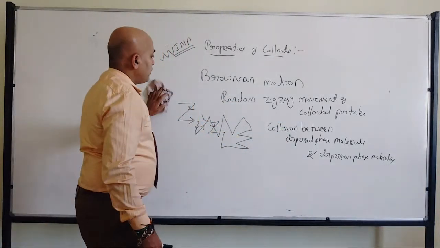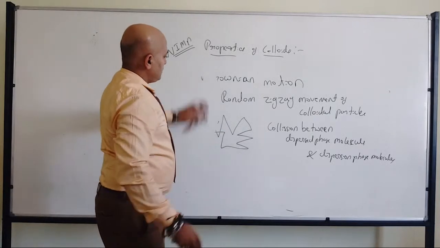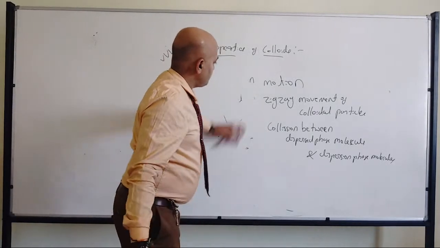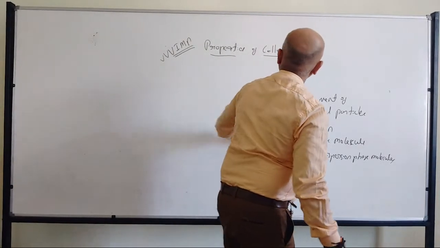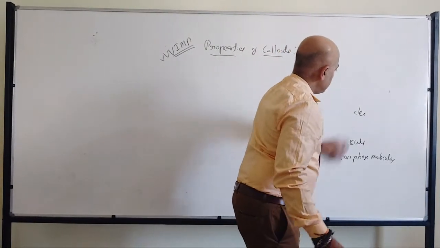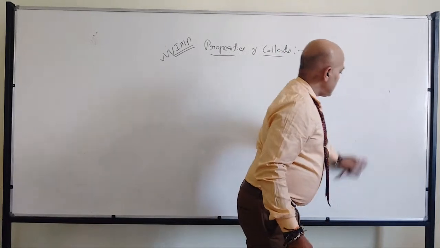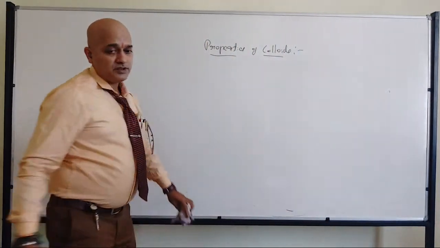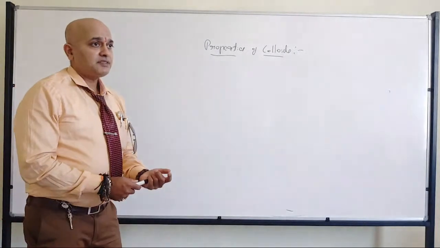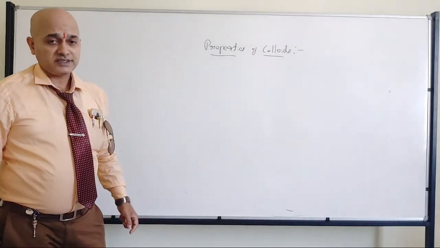Okay. Now this is very important. Brownian movement and even the Tyndall effect are also very important from your examination point of view. Next part is, as I have told, colloidal solutions will have a charge on the surface.